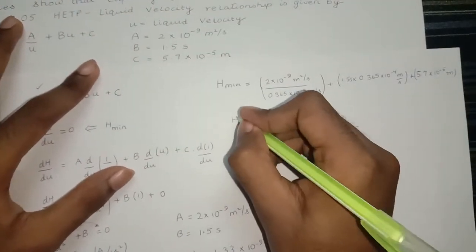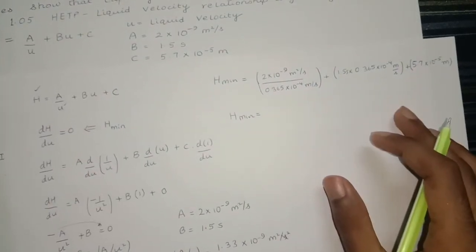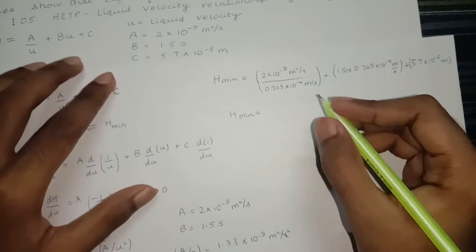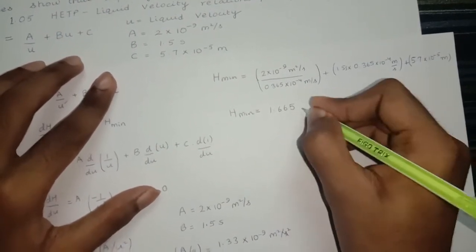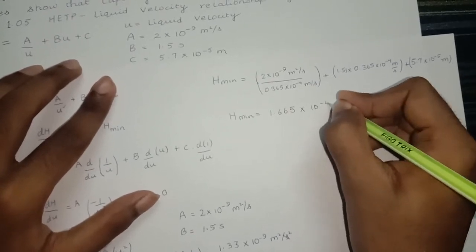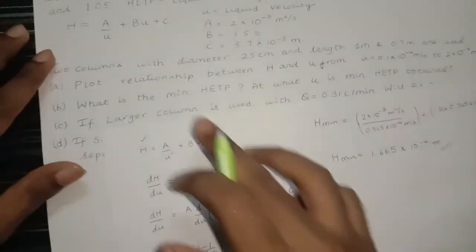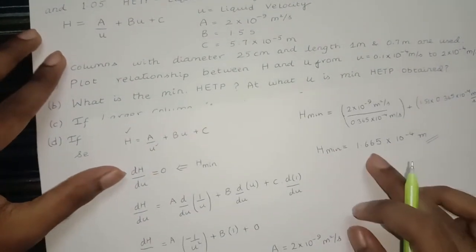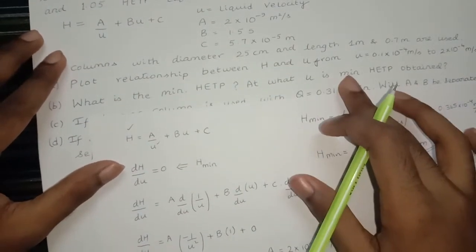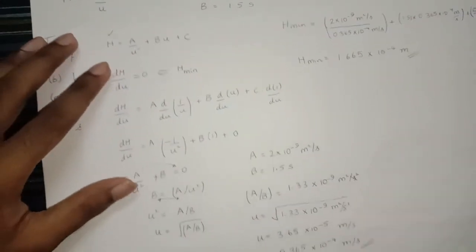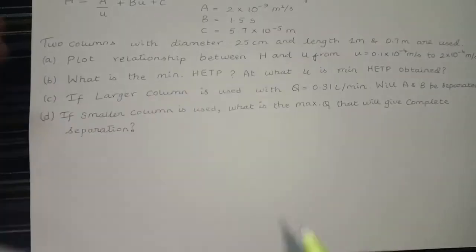Therefore the value of H minimum came around 1.665 into 10 raised to the power negative 4 meter. So H minimum is 1.665 into 10 raised to the power negative 4 meter. And what is the u where you get this H minimum? u is equal to 0.365 into 10 raised to the power negative 4 meter per second.